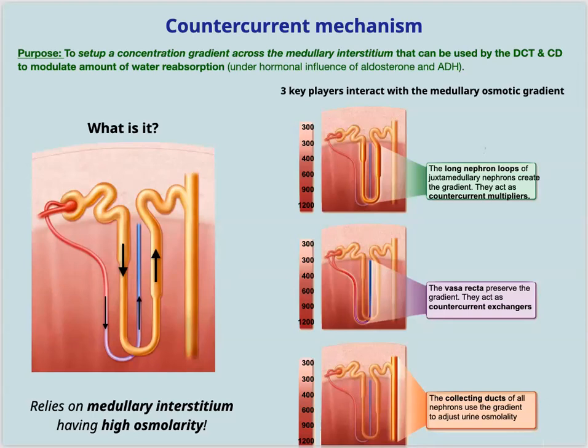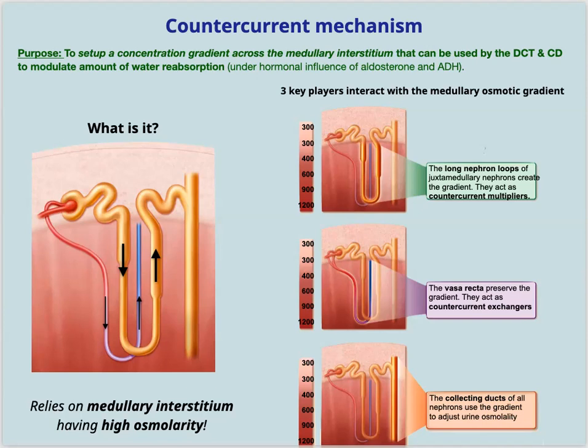Now, there are a few key players that interact with the medullary osmotic gradient. First, we have the loop of Henle, which acts as the countercurrent multiplier because it helps generate the high osmotic gradient within the medullary interstitium.